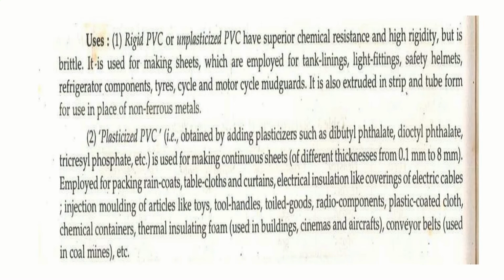Plasticized PVC has a more plastic nature, and it is used for raincoats, tablecloths, curtains, electric insulation such as covering of electric cables, and injection molded articles like toys and tool handles.